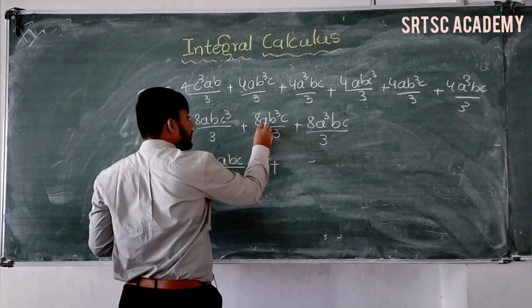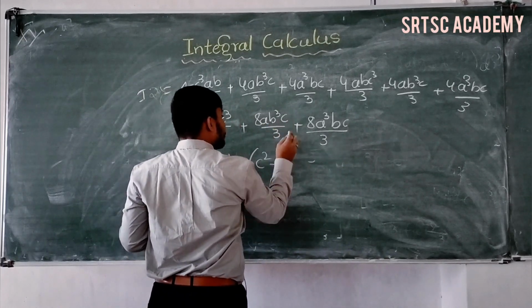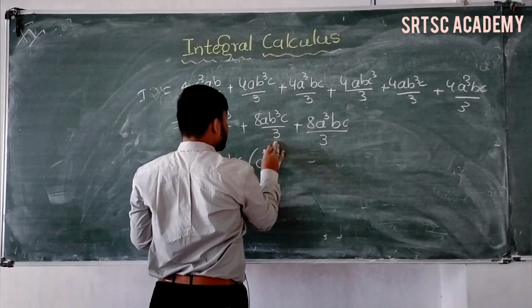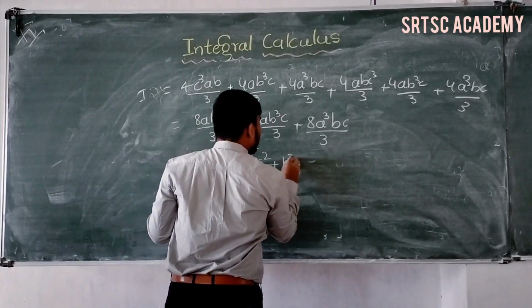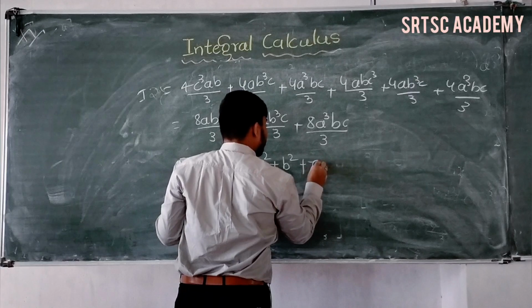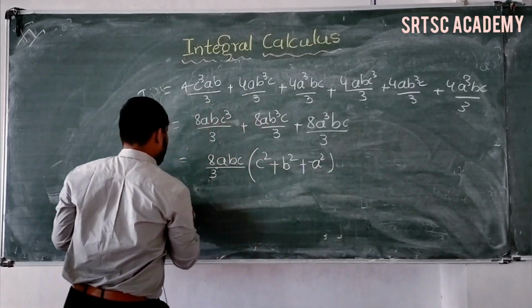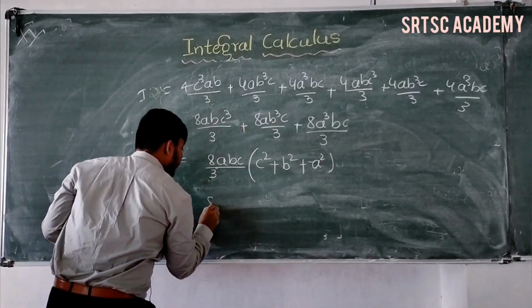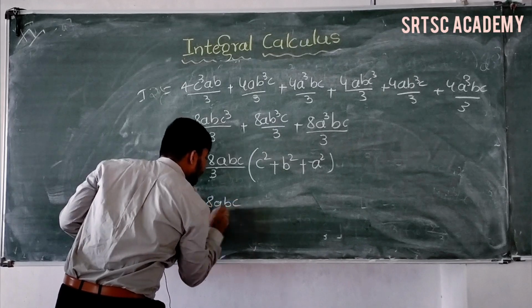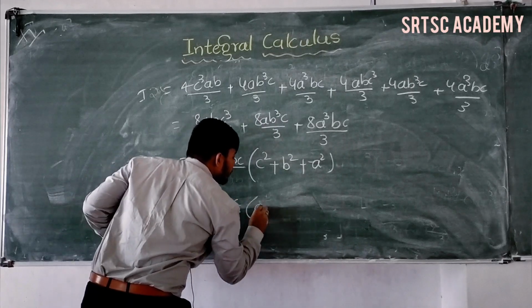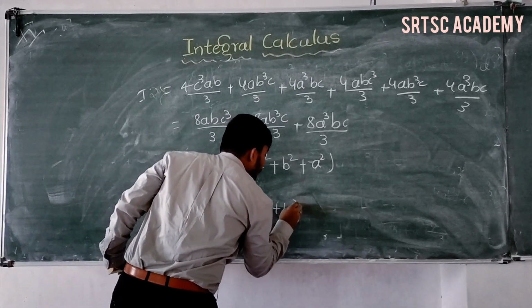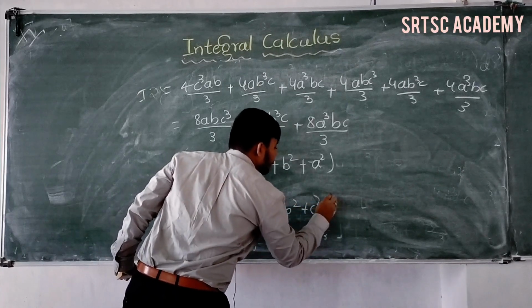If we take 8abc divided by 3, here b² is remaining, here a² is remaining. So your final I is 8abc divided by 3, a² plus b² plus c².